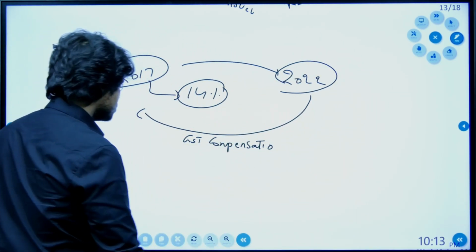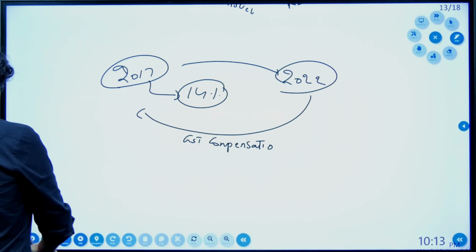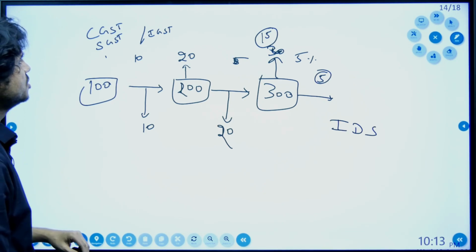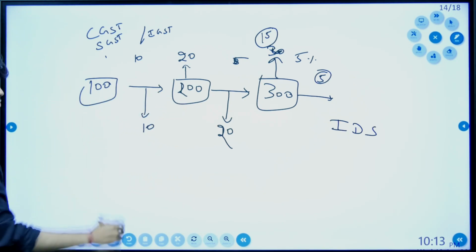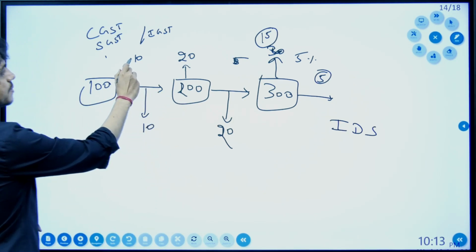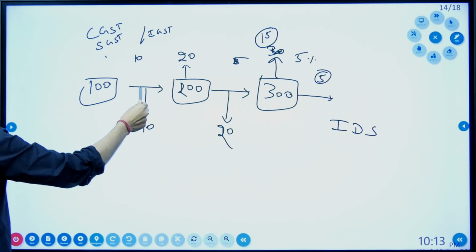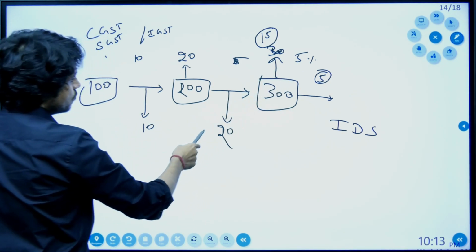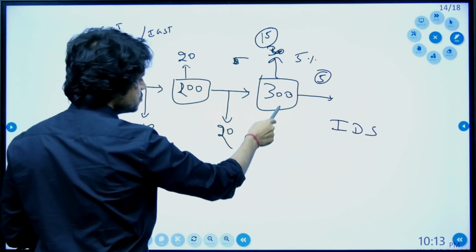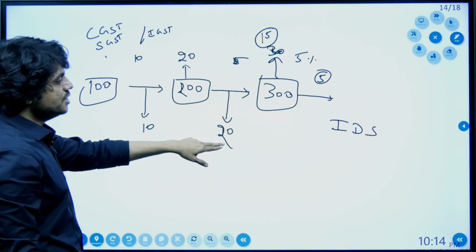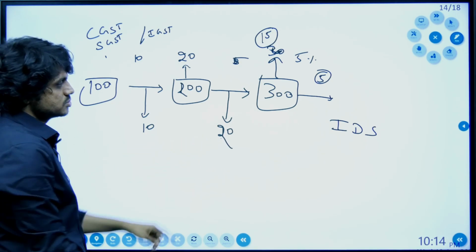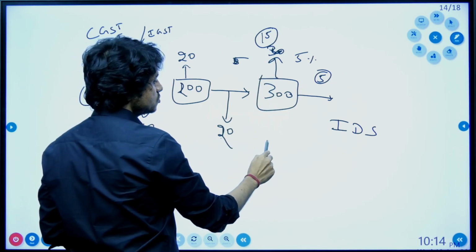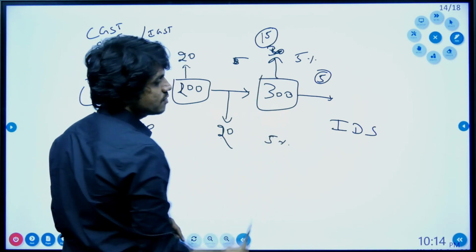And there is also one more issue, that is called the inverted duty structure. Now what is this inverted duty structure? Let's say this is a supply chain from the same previous example. Here there is 10% tax, and here also 10% tax. Now here there is a 5% tax. If you see this, through input tax credit he will be receiving 20 rupees, but he will pay the government only 5% tax, that is 15 rupees. So 5 rupees additional he has to get from the government.